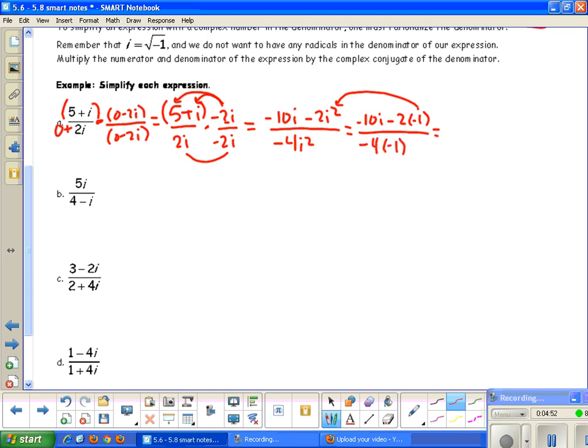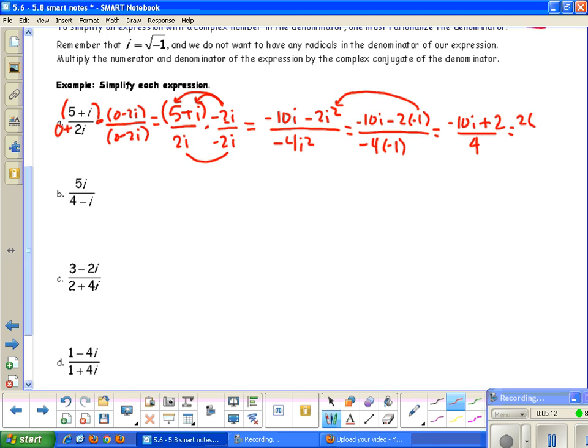So that gives me negative 10i plus 2 over 4. And of course, remember, we don't like to leave our answer like this. We want to write it in complex number form, so I'd change the numerator. And I can also simplify it by factoring out the 2 from my numerator.